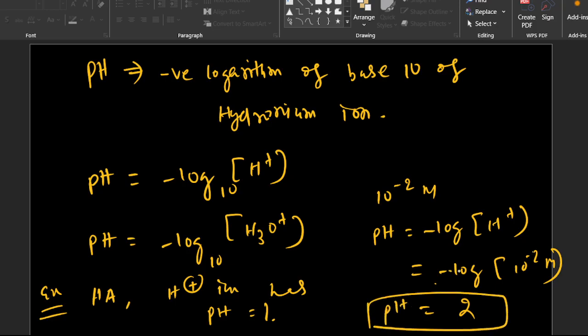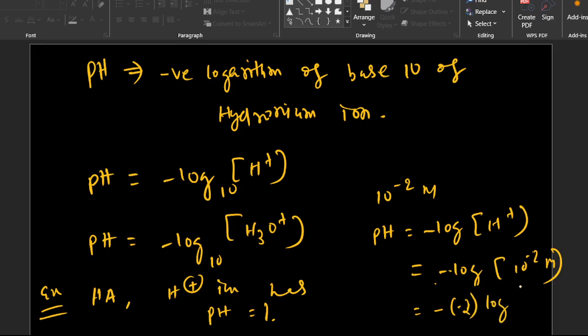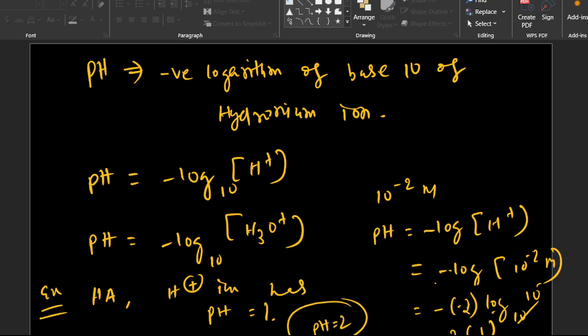The negative cancels, and log 10 raised to minus 2 comes to minus 2 log base 10, and log 10 is equal to 1. So pH is equal to 2.